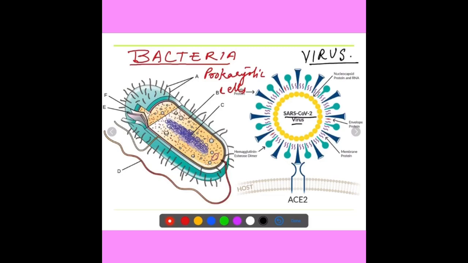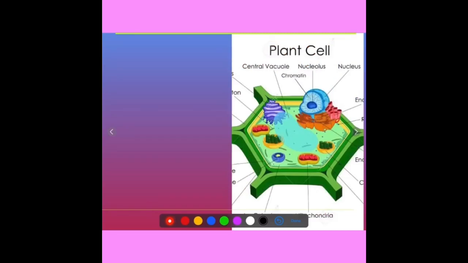This virus does not contain any plasma membrane, so it has only a covering of protein, but a structure like a plasma membrane is not present in the virus. So they need to enter the plasma membrane of a host cell, then only they can function. So the membrane has a very important role to play, and the membrane bound organelles are even more important.